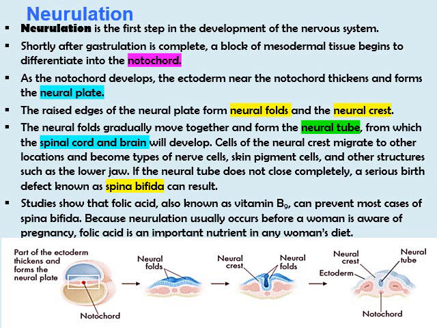Studies show that folic acid, also known as vitamin B9, can prevent most cases of spina bifida. Because neurulation usually occurs before a woman is aware of pregnancy, folic acid is an important nutrient in any woman's diet.